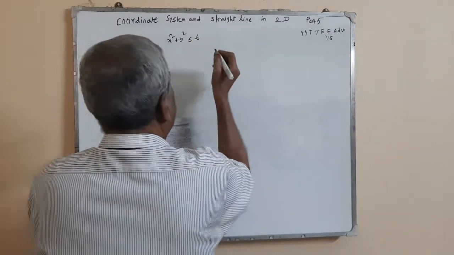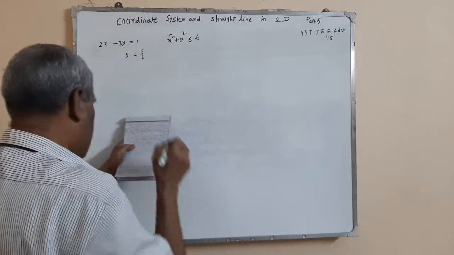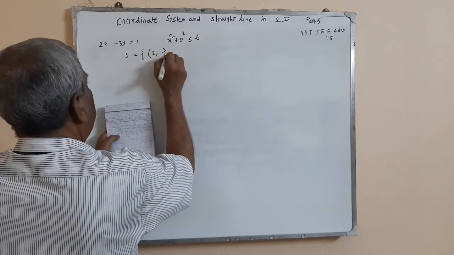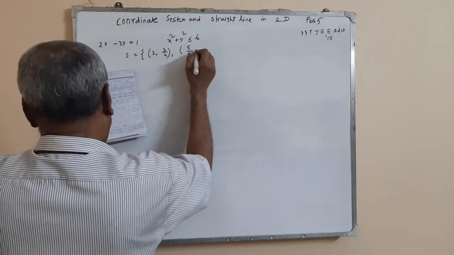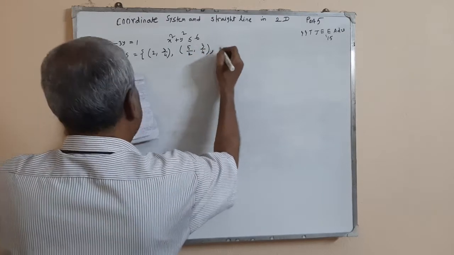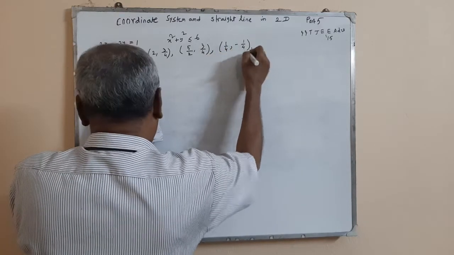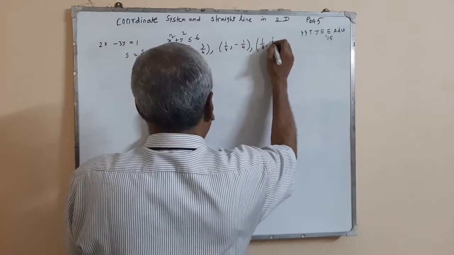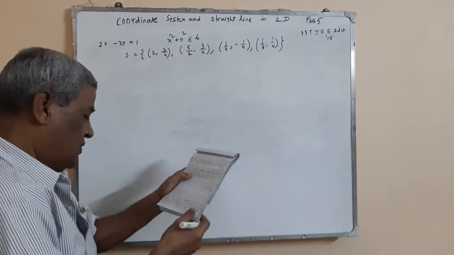If S is a set of points, the first one is (2, 3 by 4), the second one is (5 by 2, 3 by 4), the third one is (1 by 4, minus 1 by 4), and the fourth one is (1 by 8, 1 by 4). S is the set of these 4 points.